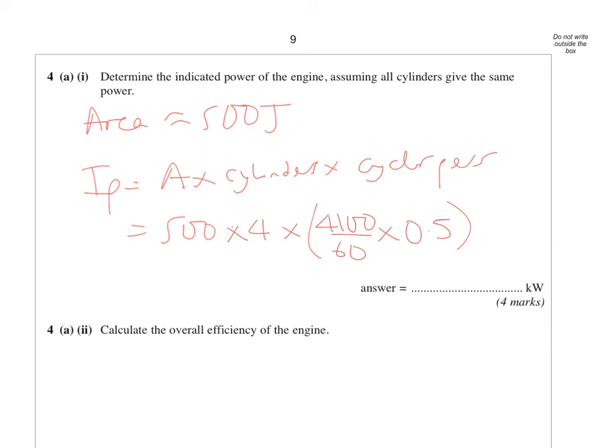So let's type those in: 4100 divided by 60 times 0.5 times 4 times 500, and you come up with a value of 68,330, so it's going to be 6.8 times 10 to the 4. We don't want it in watts, so it's just going to be 68, giving it in kilowatts.